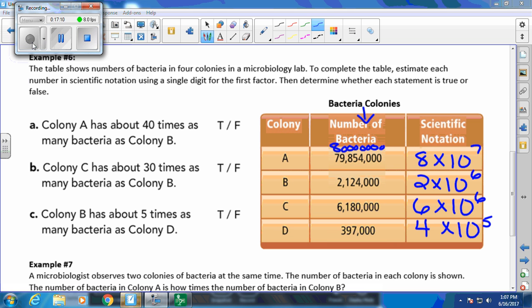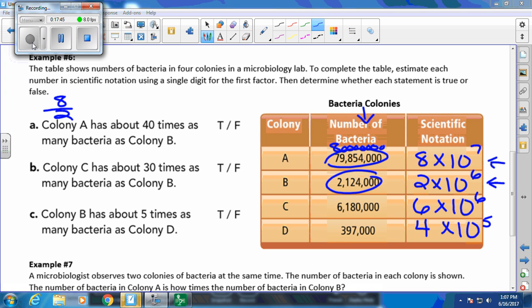All right, so check over your answers and make any changes if necessary. They're just asking us to estimate by rounding to the nearest whole million or billion or 10 million. So choice A says that colony A has about 40 times as many bacteria as colony B. So instead of comparing our numbers in standard form, we're going to compare the numbers in scientific notation. If we look at the first factor in each of those, we have an 8 and a 2.